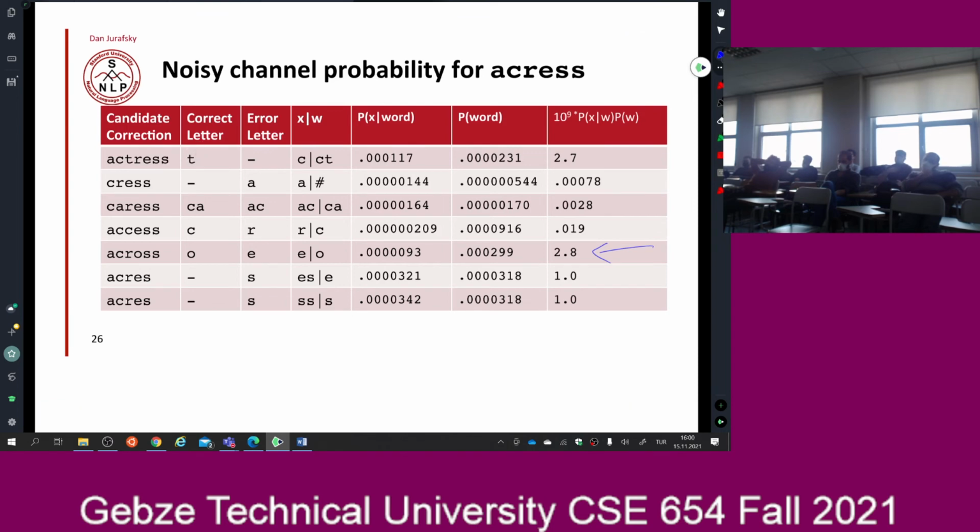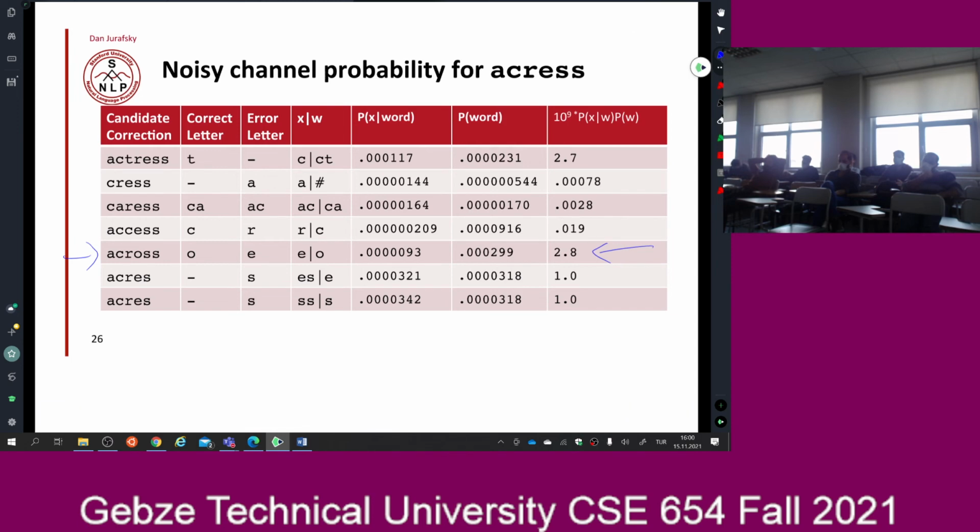In my unigram model, maybe I should choose this one because this is the word that happens a lot in English text. So if you are going to list all the words as alternatives to the user, maybe you should put this at the top.